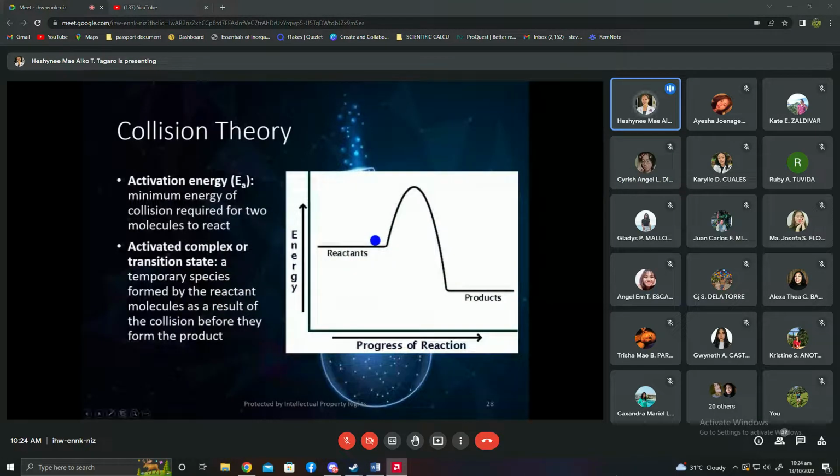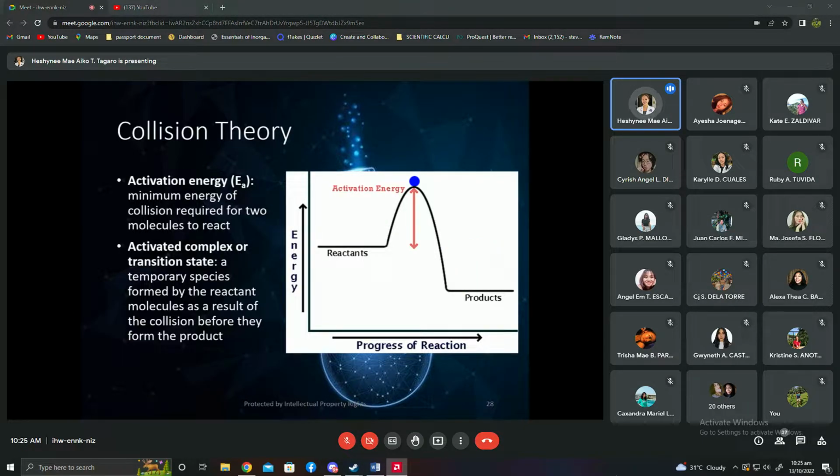Okay. So again, take note, in order for reaction to occur, two criteria must be met. First, there must be adequate energy. It must reach the minimum energy or greater than the minimum energy. And the second is proper or correct orientation of the reacting molecules.